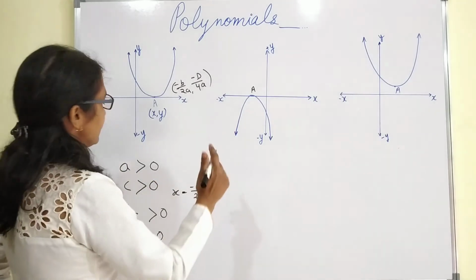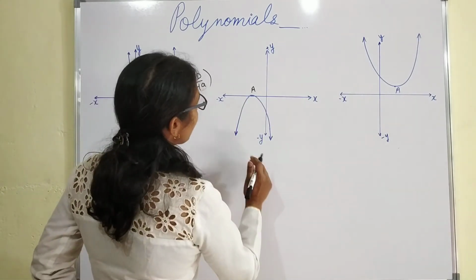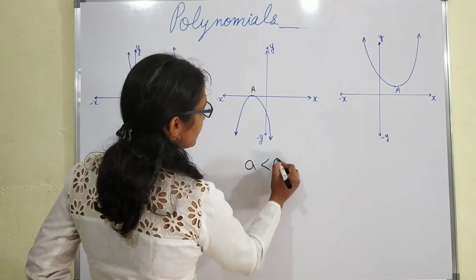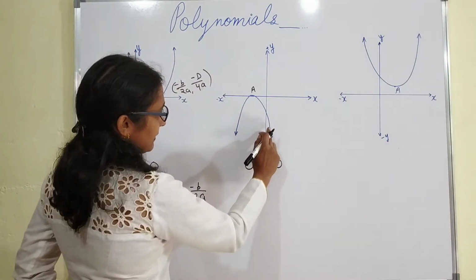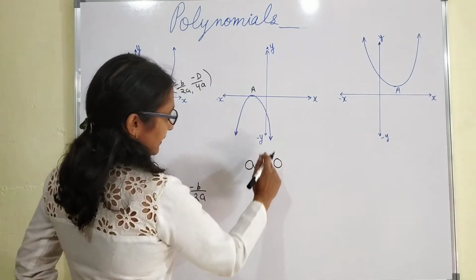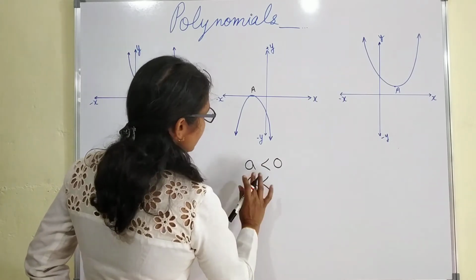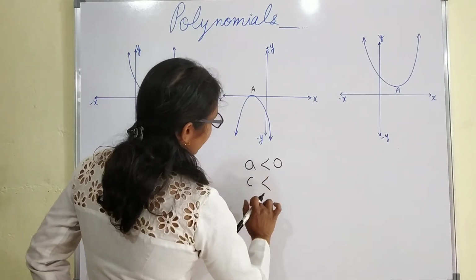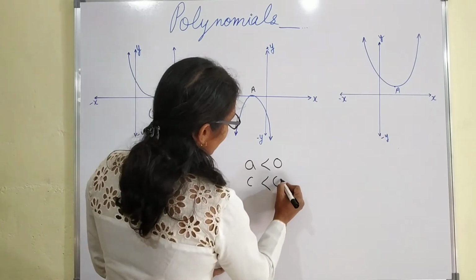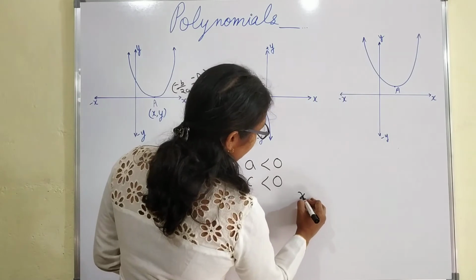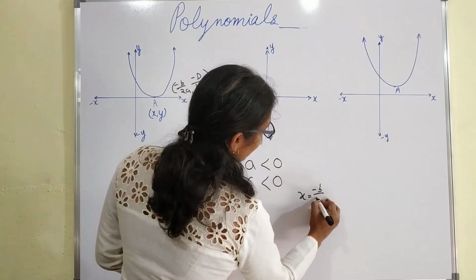Now in the second, it is opening downwards, so value of a is smaller than 0. It is intersecting y-axis in negative direction, so value of c is smaller than 0. Now again x equals minus b upon 2a.